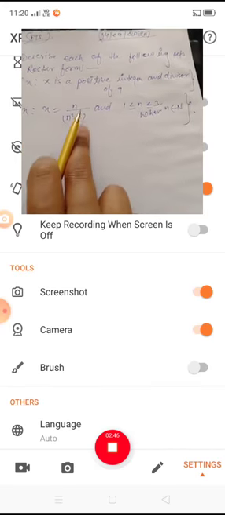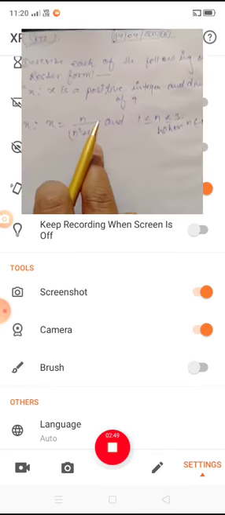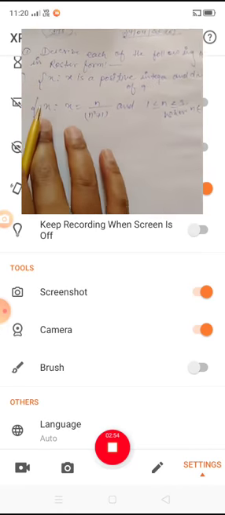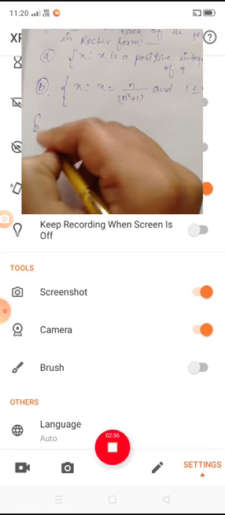Both are in set builder form, and we convert them into roster form. Now take the first question and solve it.